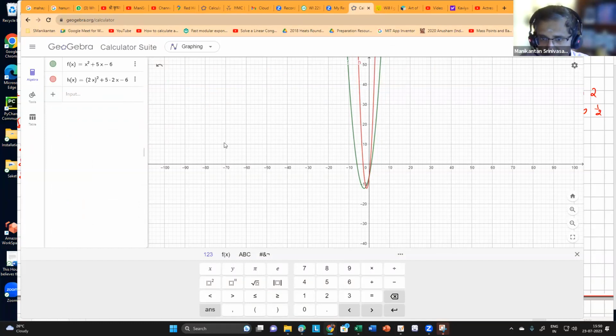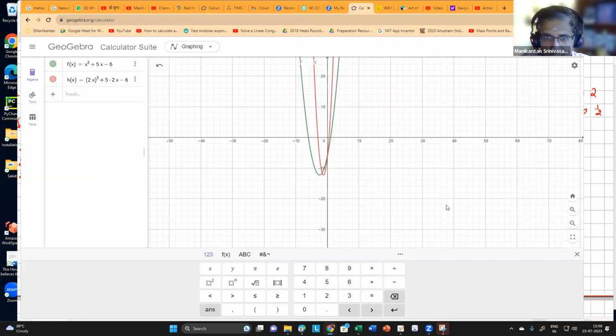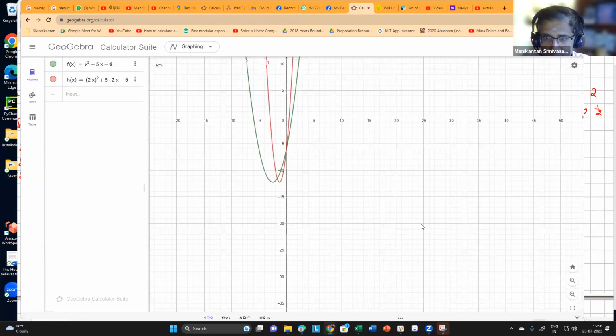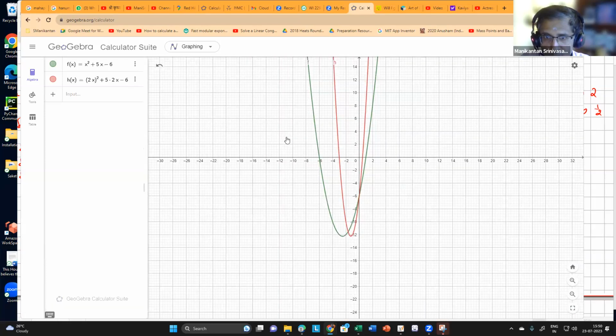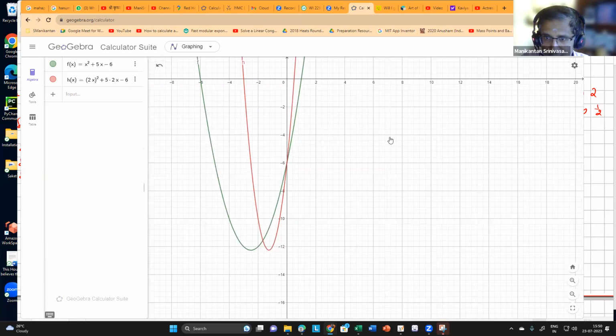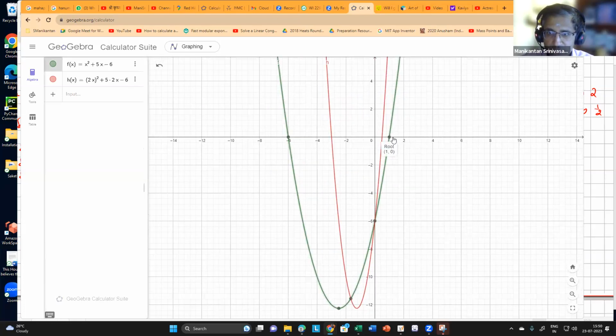So on the x-axis, maybe I'll just zoom in a little bit here, right? The original roots were minus 6 and 1. Now it's shrunk by a factor of 2. The new roots have become minus 3, which is half of minus 6, and half, which is half of 1. So the red one is the shrunk version.